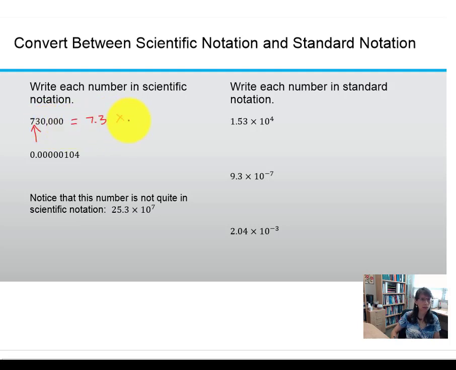The next step is to multiply by 10 raised to some power that would get us back to the original number. In other words, we're really giving directions as to where to move this decimal. Move it to the right or move it to the left to get it looking like the original number.